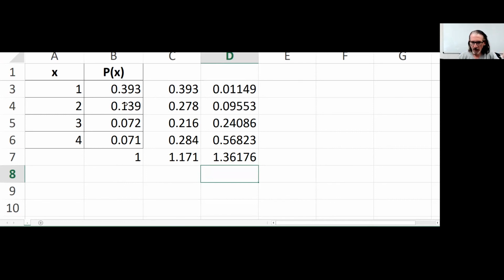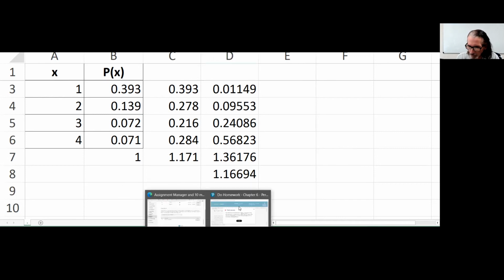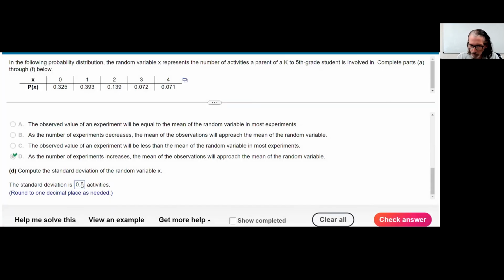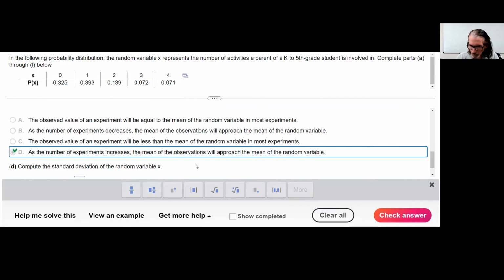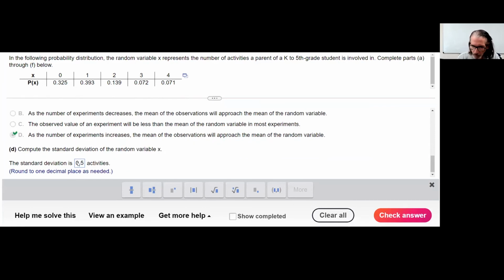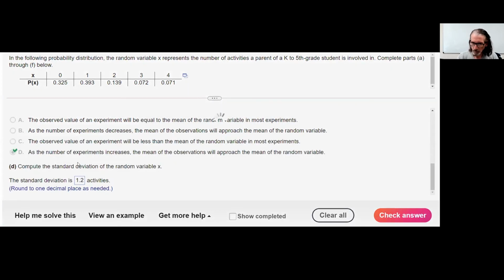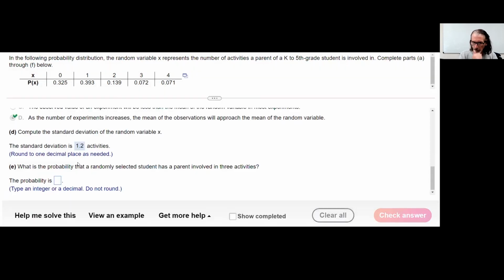So it's like we've already got that baked in there. The N is already baked in. So I should have taken the sum and taken the square root of that right away. So let's see when we round to one place, i.e. the 10th place, that'd be 1.2, if they agree with that. Scroll. There we go. All right, it's good now.